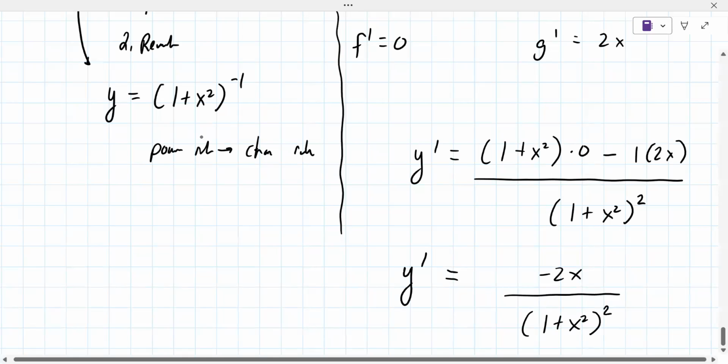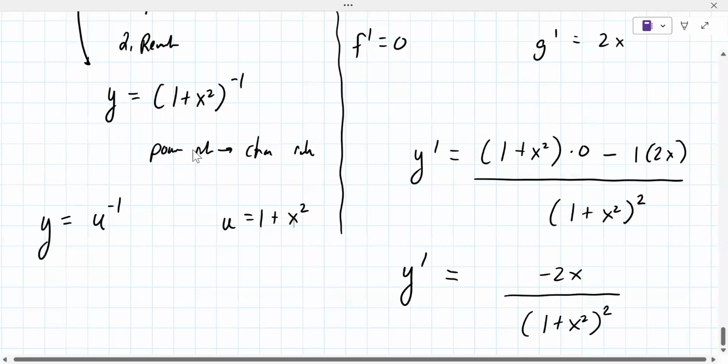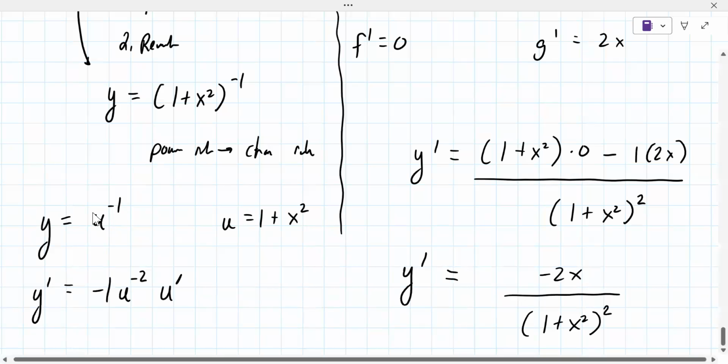Second way is to treat this as y equals u to the -1 power and u equals 1 plus x squared. So the reason is it's a chain rule problem. You know how to take the derivative of u to the -1 or x to the -1. The derivative is -1 u to the -2 power, but you have to multiply by u prime. Does that look familiar to you?